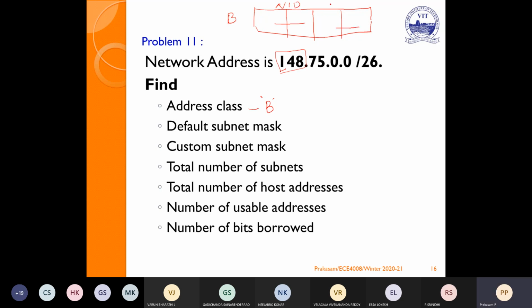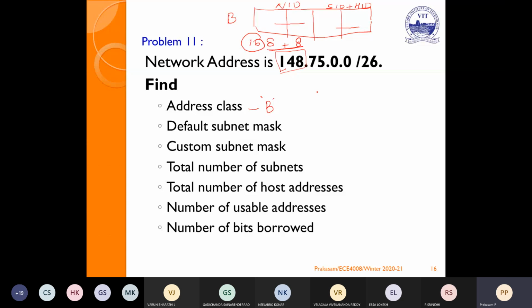The remaining 2 are subnet plus host. The default subnet mask means without subnet. So how many bits will be allocated for network? 8 plus 8, 16. Only 16 bits will be allocated for the network ID if it is without subnet.